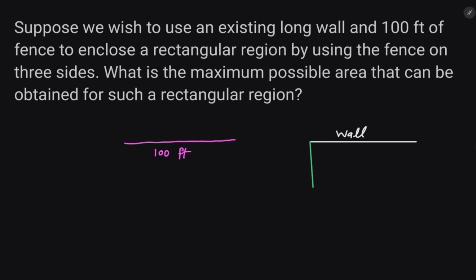This is side 1, this is side number 2, and there is another side of this rectangle. So on one side we have a wall, and the other three sides have a fence of 100 feet, which has to be used for the rectangular region.